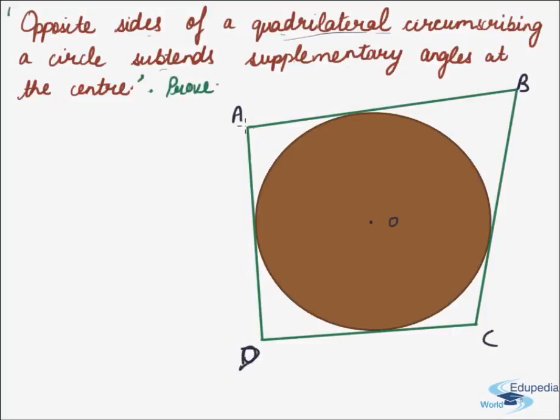Thus, angle subtended by AB at the center will be shown. Similarly, the angle subtended by DC at the center will be shown.